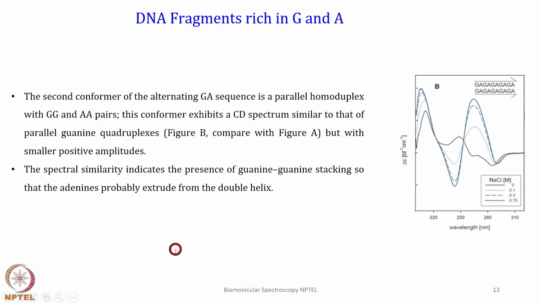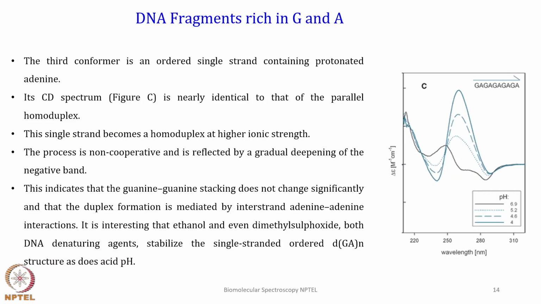Spectral similarity indicates the presence of guanine base stacking, and adenine probably extrudes from the double helix; those are different conformations taken by these. The detailed structure is not known, but the spectral signature in CD is known. Similarly, you can have the single-stranded GA. The third conformation is ordered single-stranded, in a protonated state of adenine.